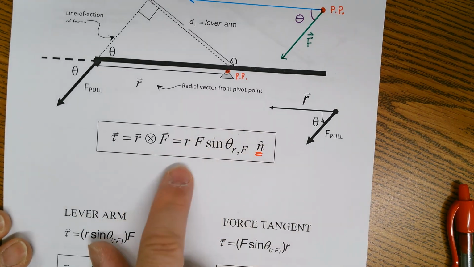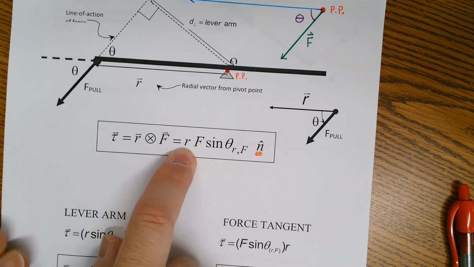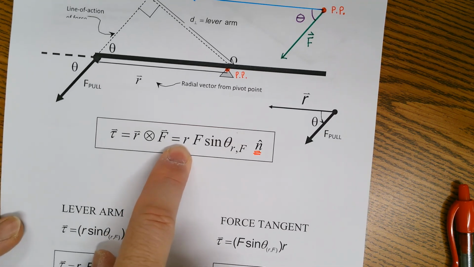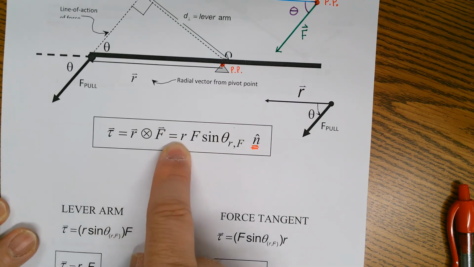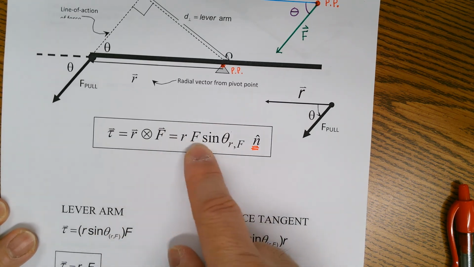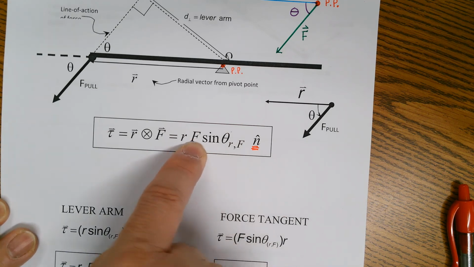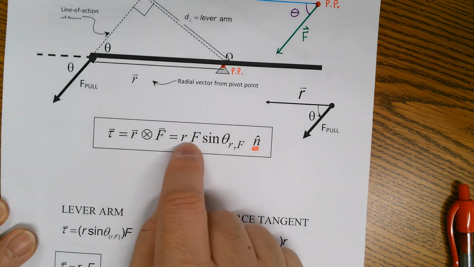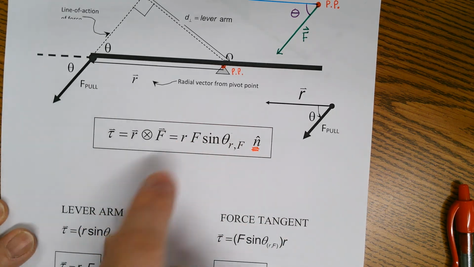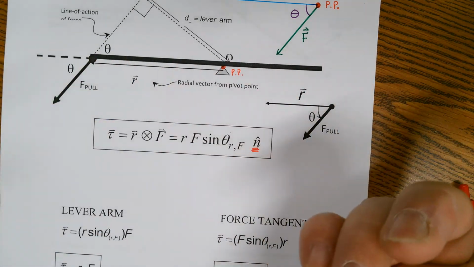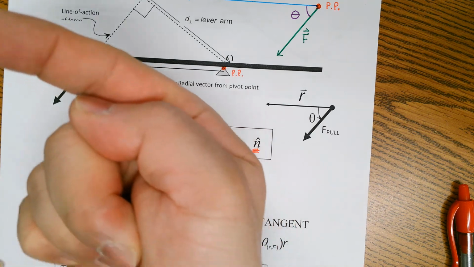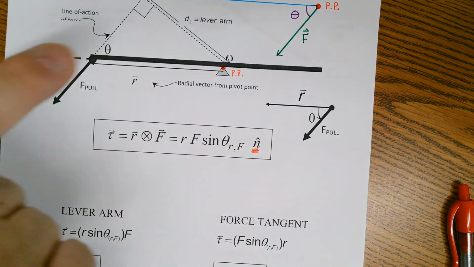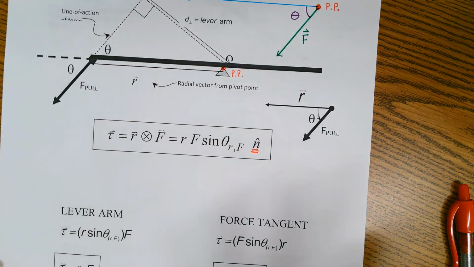The rest is pretty much stuff you already know how to do. The magnitude of R is the square root of rx squared plus ry squared plus rz squared. And the magnitude of F, of course, is the square root of fx squared plus fy squared plus fz squared, right? Because these can be in three-dimensional space. So R can be shooting out this way, and then F can be this way.